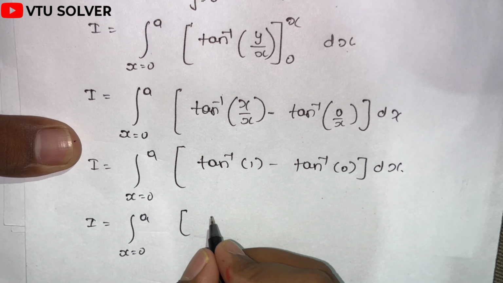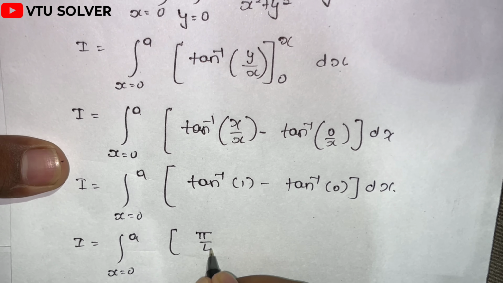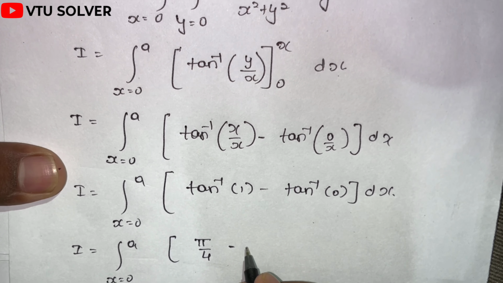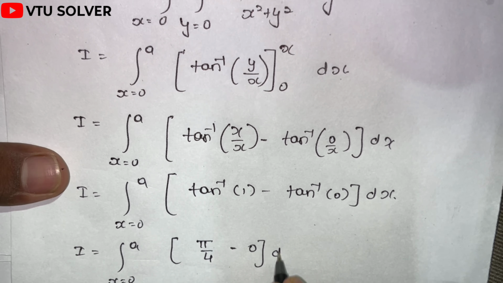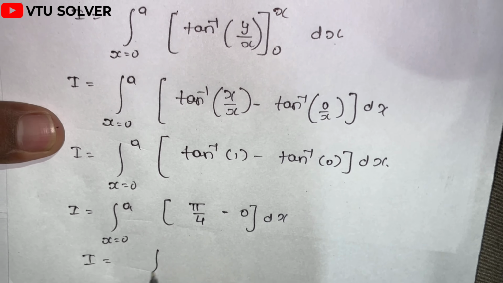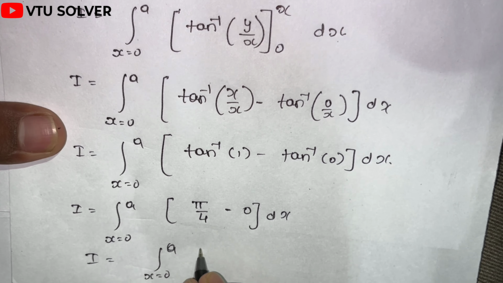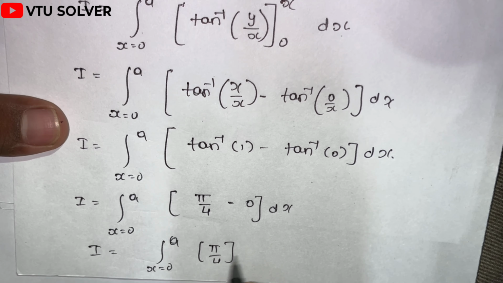Here tan inverse of 1 value becomes pi by 4, and tan inverse of 0 value becomes 0. Now I is equal to x is equal to 0 to a pi by 4 dx.